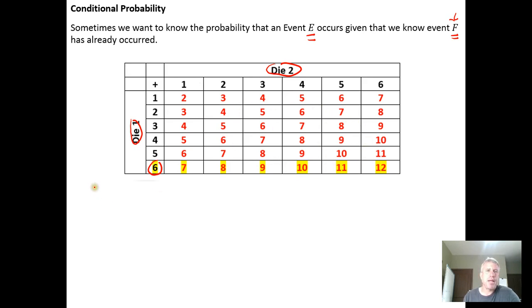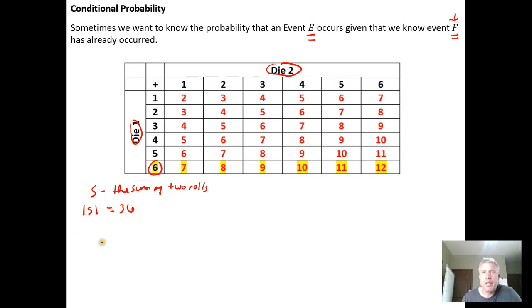So our sample space was the sum of two rolls of 6-sided dice. And the size of that sample space, we had 6 possibilities times 6 possibilities, giving us 36 possible sums.